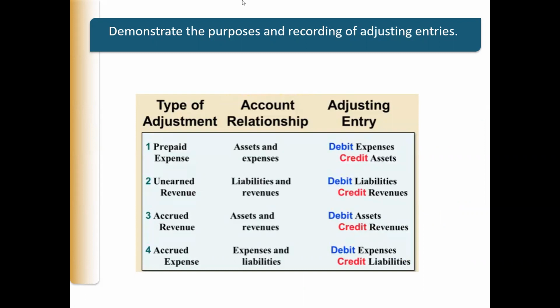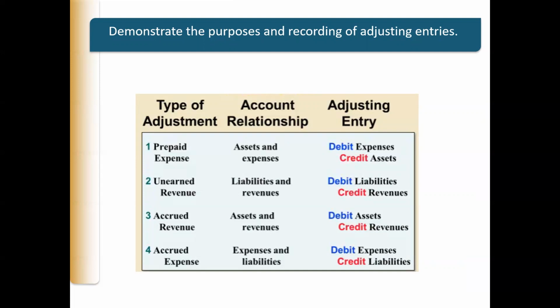This is after we've recorded all of the transactions for the period. This is after we've created the trial balance. Now we need to look and just make sure we take into account any adjusting entries. And we're going to talk about the 4 types of adjustments we're going to need to make.